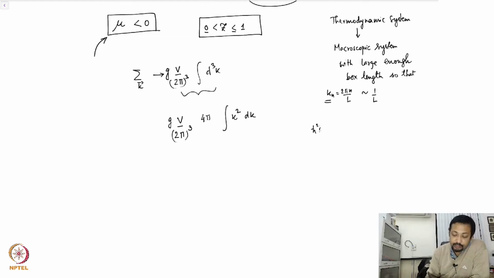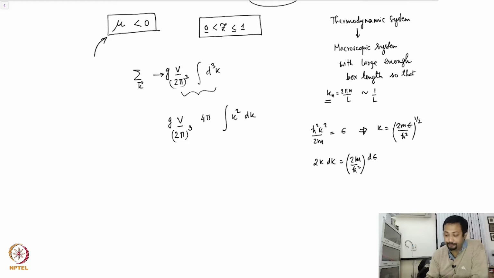But h bar square k square by twice m is epsilon. So it follows that twice k dk is twice m over h bar square d epsilon. And the first equation also implies that k is twice m epsilon over h bar square raised to the power half.